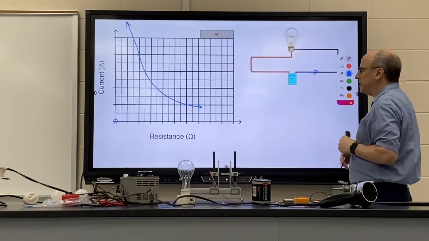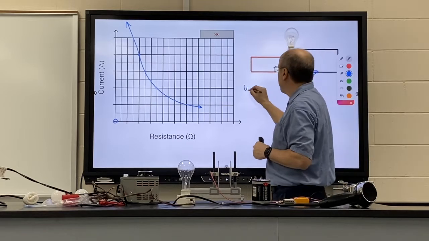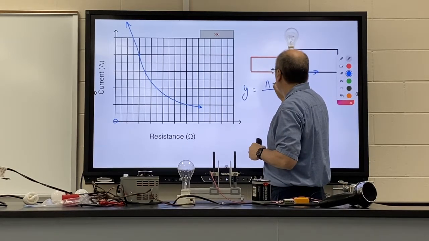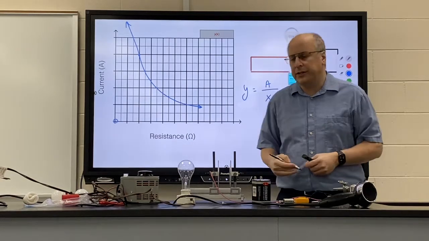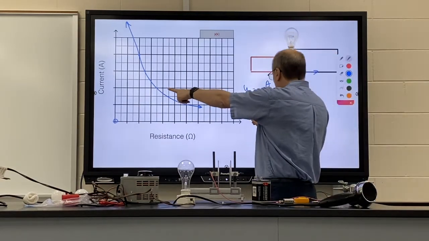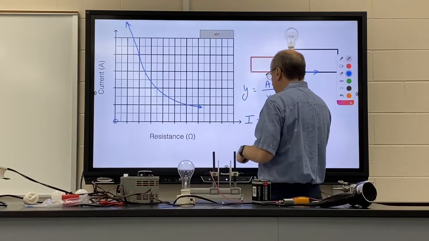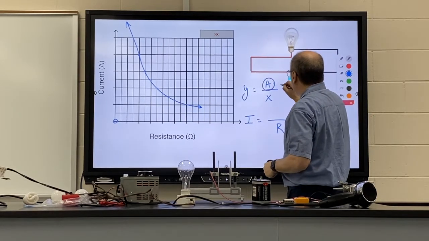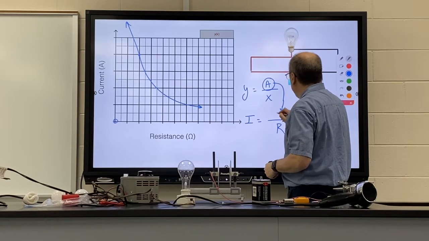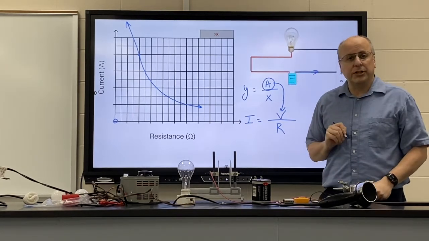So this is an inverse relationship with our normal inverse relationship equation. The Y is the current, the X is the resistance, and it turns out that the A, the graph constant, is the voltage of the battery.